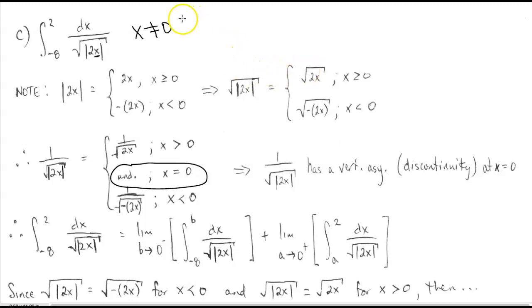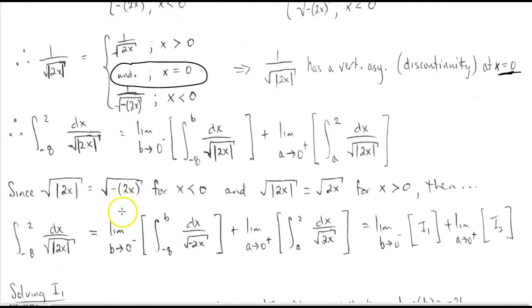And so that is what I was referring to up here. So here we have a vertical asymptote, which is a certain type of discontinuity at x equals 0. And that's the reason why this is going to be improper, which means we're going to have to do our fancy limit notation as we evaluate this particular integral.